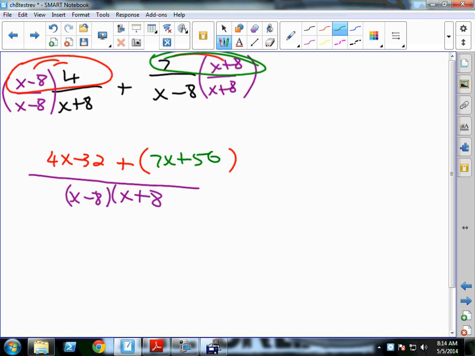So I combine all my like terms, put everything together. Everything's still going to be over x minus 8 and x plus 8. And I get 4x plus 7x is 11x. And I get 56 plus negative 32. I guess that's going to give me, is that 24? And then that's that.